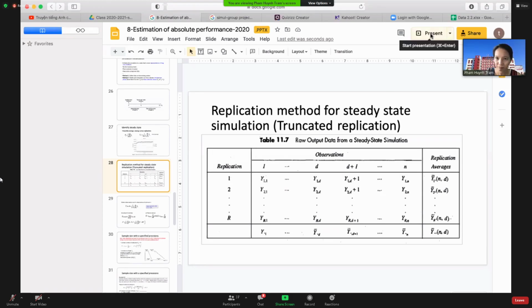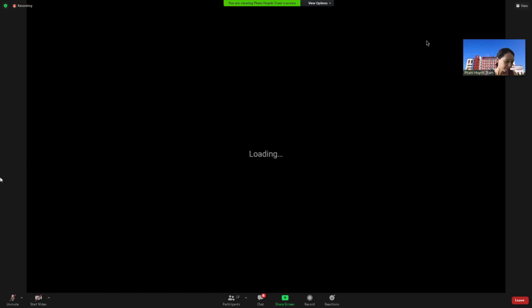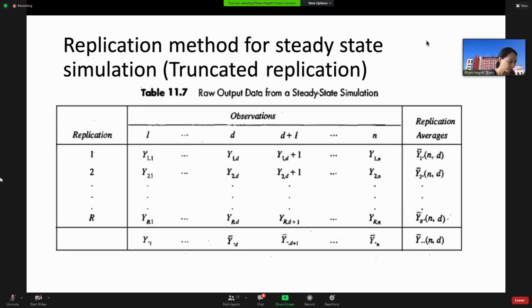We call this truncated because we cut off, truncate means cut away, the data during the warm-up period, and we only use the data during the steady state. This part we already deleted; it is the warm-up period or the initialization phase.